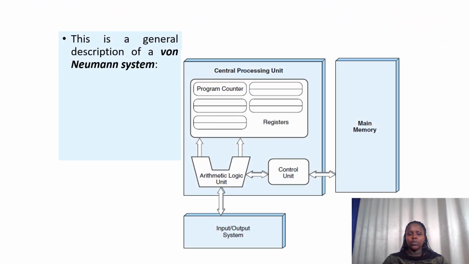This general description of the von Neumann system shows us those different parts using a diagram. You see that you have the central processing unit, which has all those inside parts. Inside the central processing unit, we have the space reserved for registers, the arithmetic logic unit and the control unit.